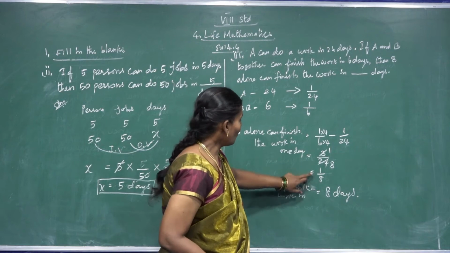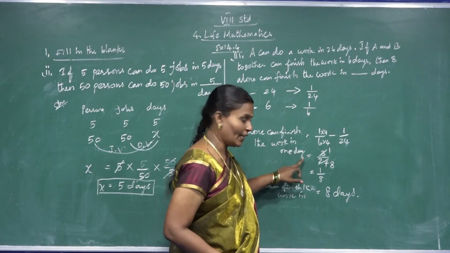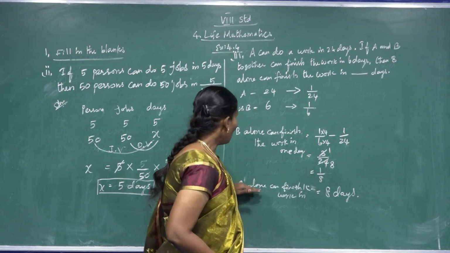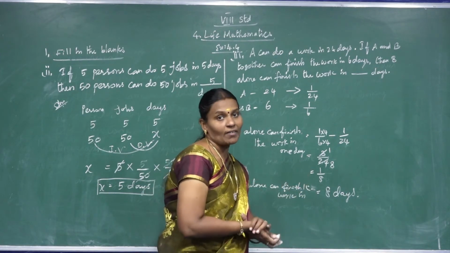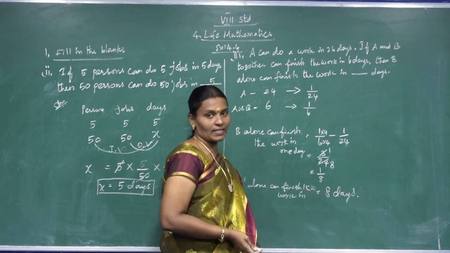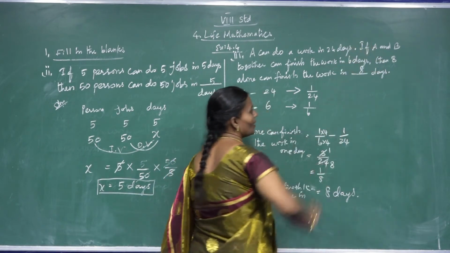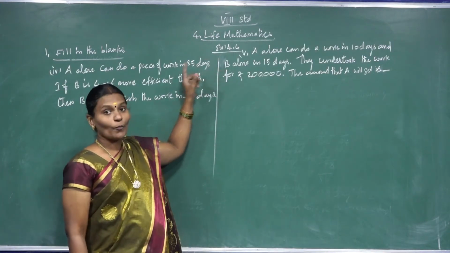We found only 1 day: B alone can finish 1 by 8 part of the work in 1 day. In totally how many days? 8 days. So in this fill up you have to write 8. Understand, children? Now we see exercise 4.4.